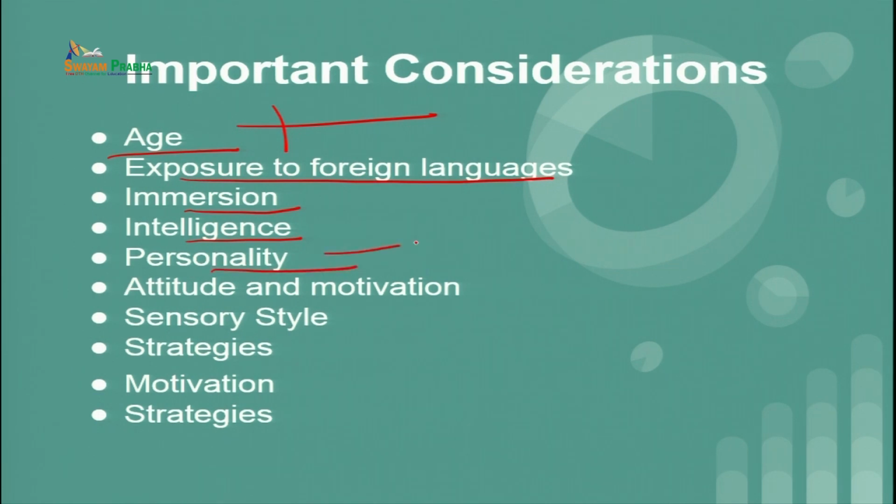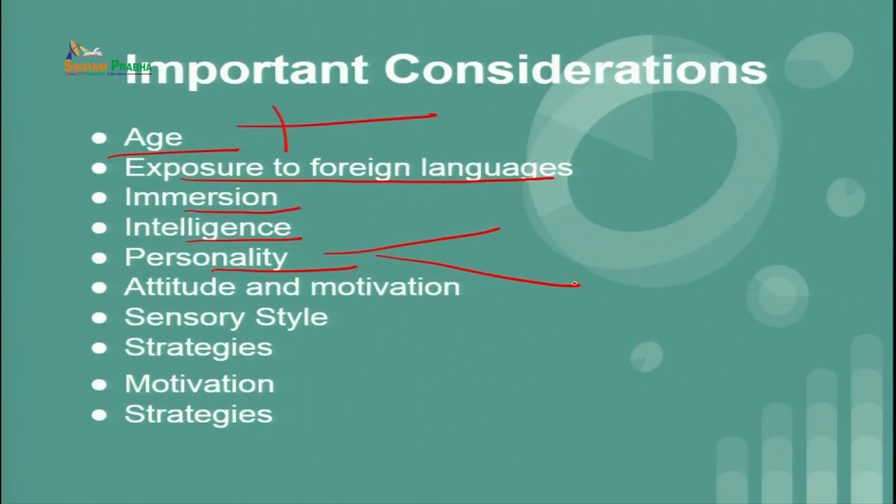Then there is personality, whether they are extrovert or introvert. If someone is an extrovert, what sort of social networking do they possess, and if there is introvertness, how do they express themselves, and what inclination would you get when it comes to their immersion. Then, attitude, negative or positive.